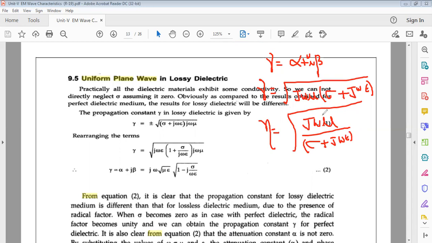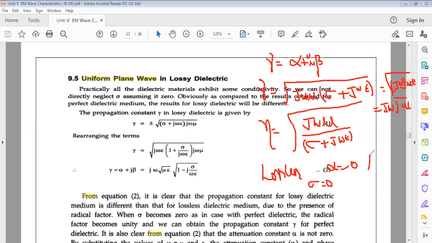The lossless dielectric means alpha is equal to 0, because the conductivity is 0. When conductivity is 0, gamma becomes the square root of j omega whole square into mu epsilon. Bringing that outside, gamma is j omega under root of mu epsilon, having only the imaginary coefficient.